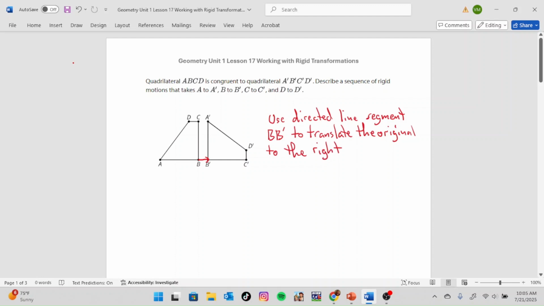So once we've done this, this slides the entire quadrilateral on the left over so that it's pressed right up against A prime, B prime. Now what we can do is we can rotate 90 degrees clockwise.